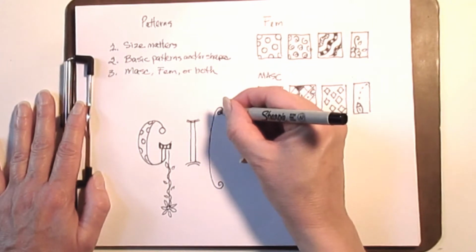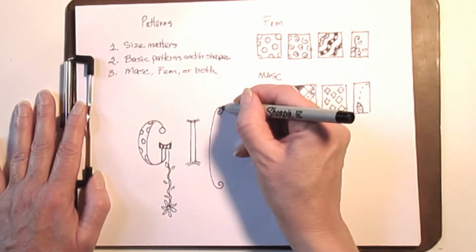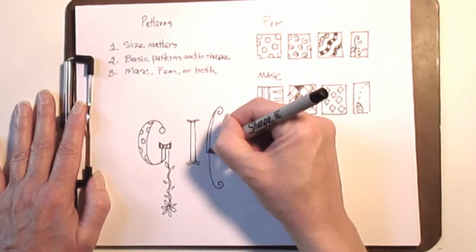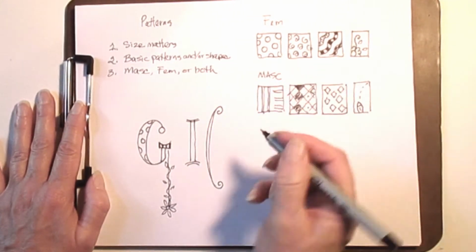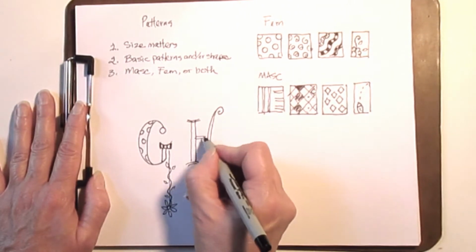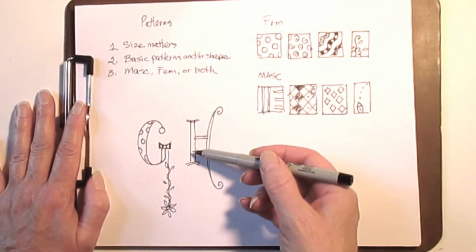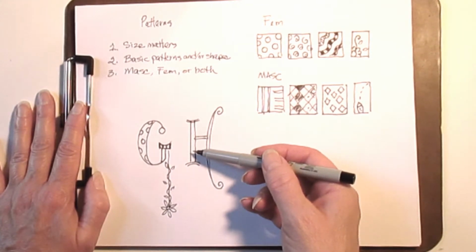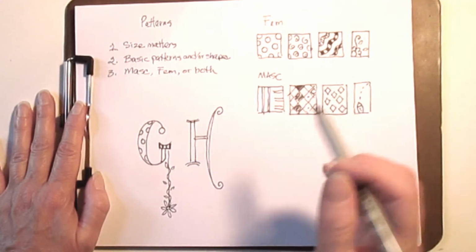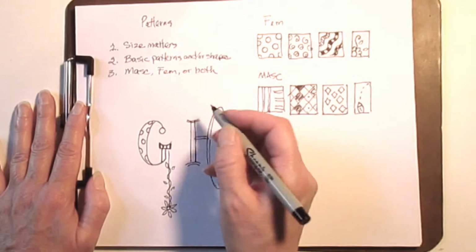Okay. And we'll make this pretty slender. And I'll just give it a simple crossbar. Okay. So here you're a little more limited, and checks and stripes work perfectly for something like that.